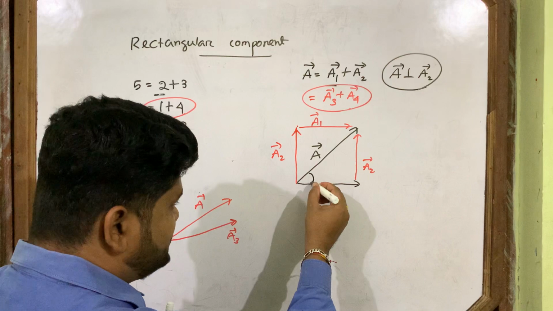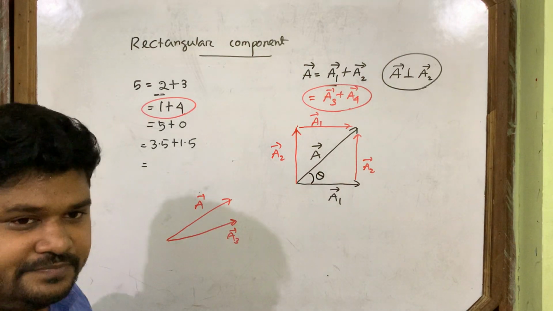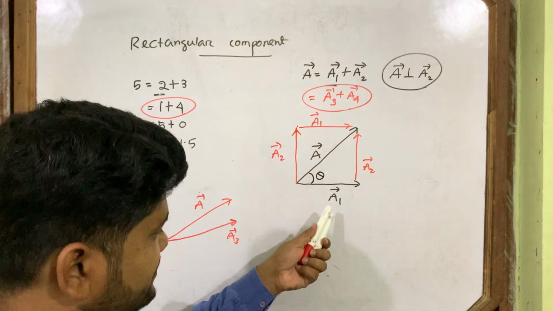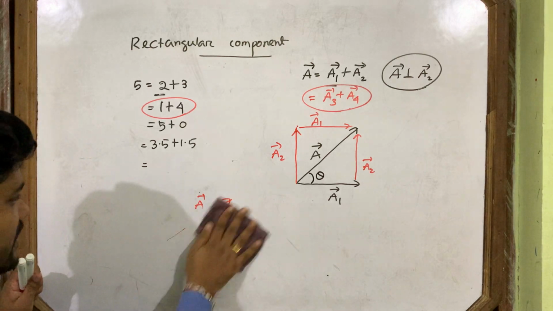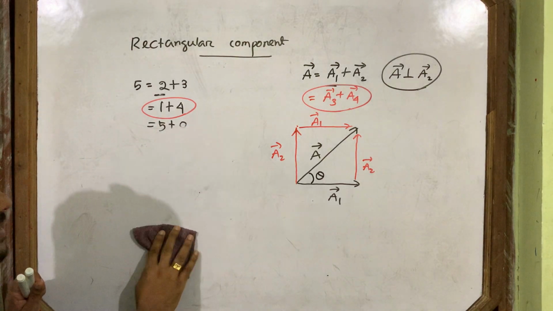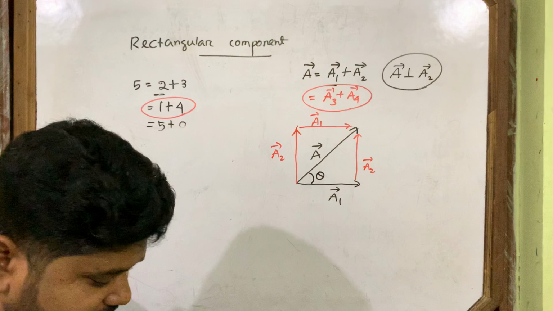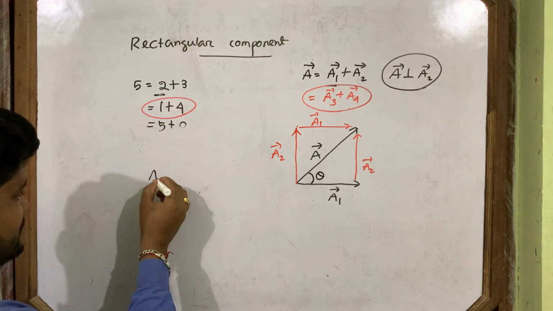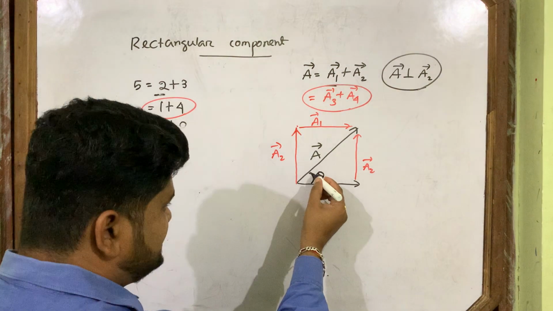Okay. Now let's go. If these are the two components, this is the a vector. The first component I choose randomly at an angle theta. I want to find out the magnitude of a1. Let's find the magnitude of a1. How will I find it? This angle is theta here.